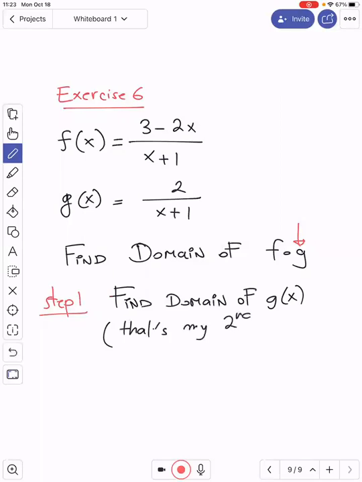Like if you want to find the domain of g composed with f, for example, then f would be the second function. So then in the first step, you have to find the domain of f, not the domain of g. So the first step, we'll always find the domain of the second function.